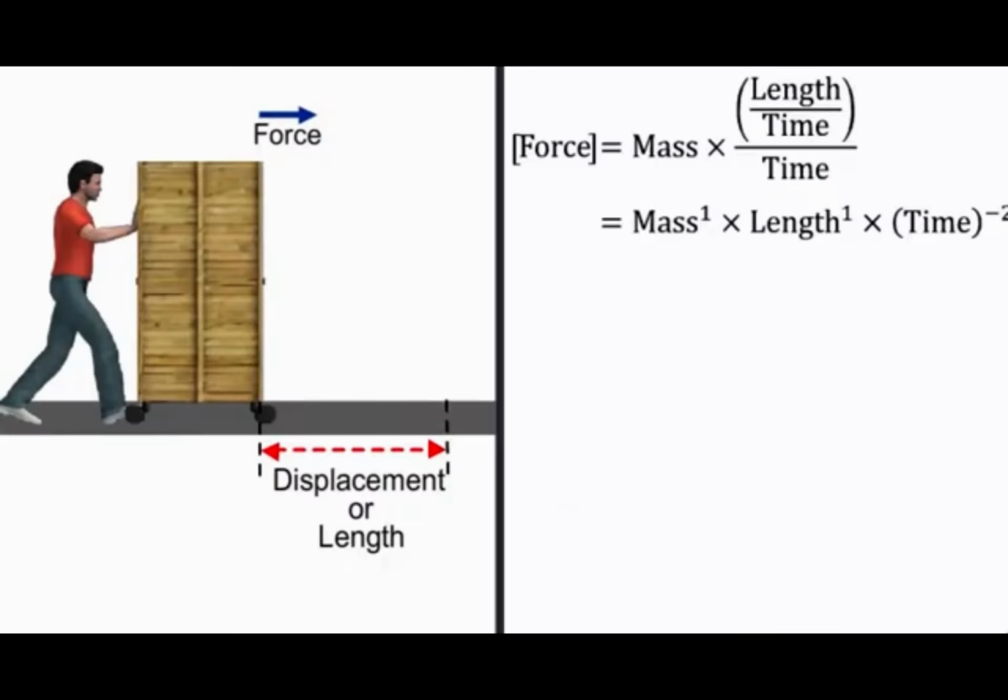The physical quantity expressed in terms of its base quantities is enclosed in square brackets to show that it is an equation among the dimensions of the quantity and not among the magnitudes. Thus we can write the expression for force as [F] = [MLT^-2] as shown.